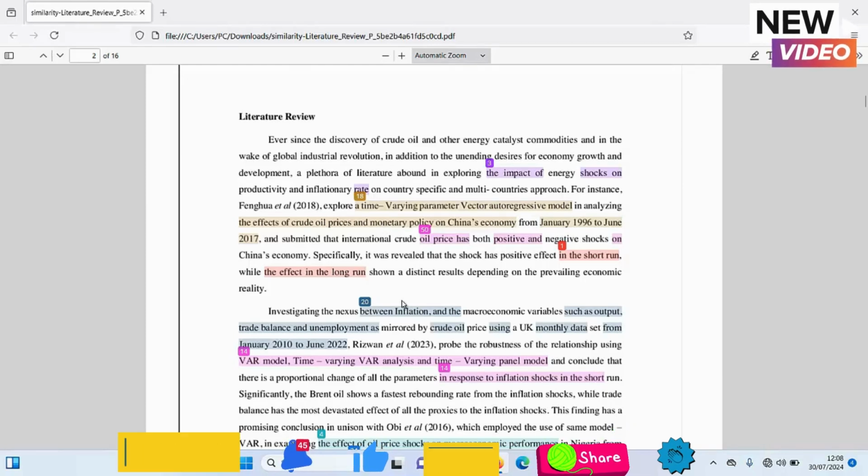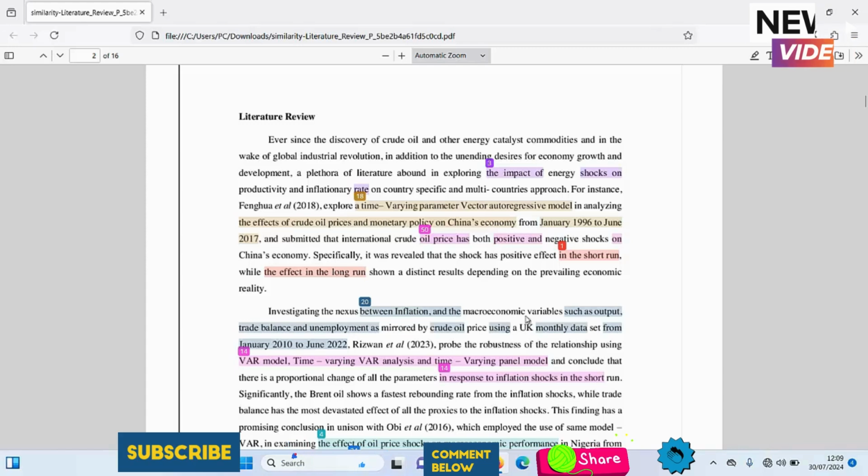So now let us look at another one. Look at this particular one. Number 20: Investigating the nexus between inflation and the macroeconomic variables, such as outputs, trade balance. Instead of "such as", you can use "including". Instead of outputs, you can use GDP, that's gross domestic product, if you are looking at the economy as a whole. Trade balance, you can just say trade. Once they look into the paper, they will know what you are saying.